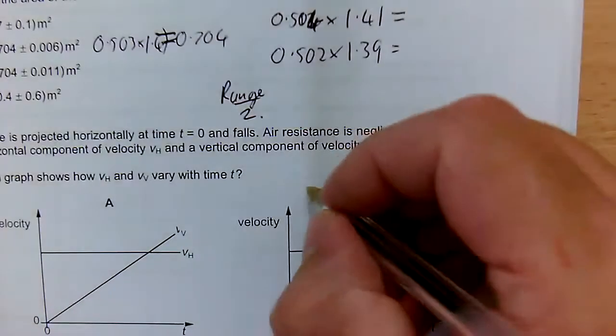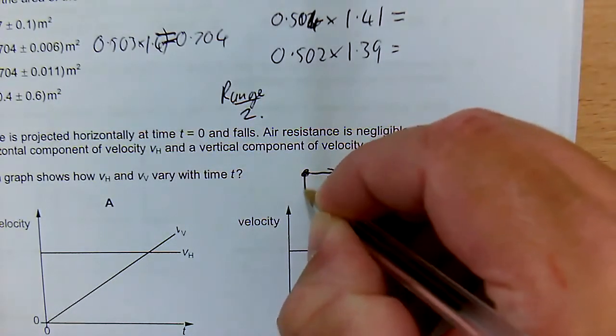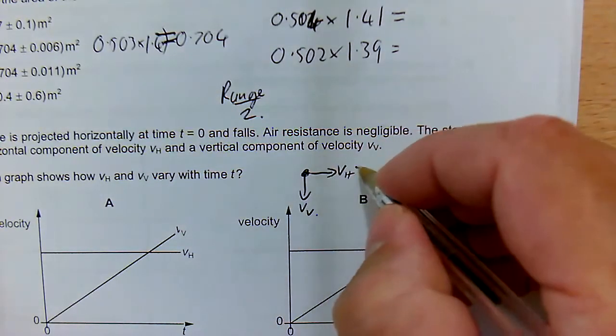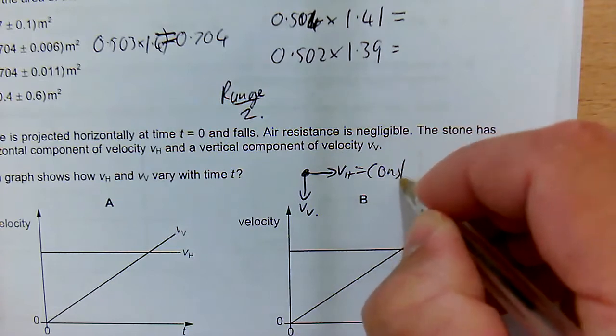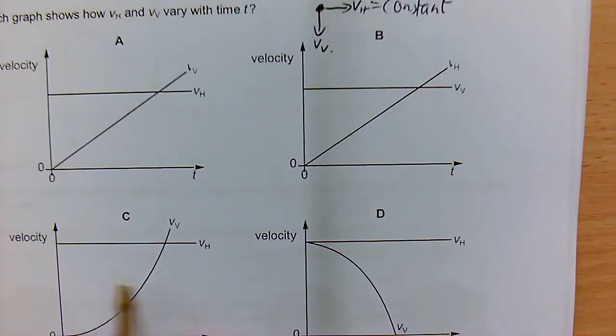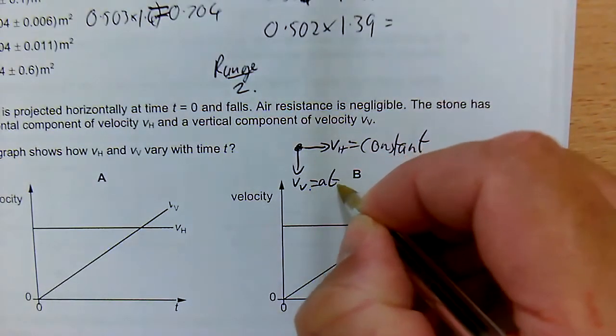We know if you've got an object and it's got a horizontal velocity and a vertical velocity, if there's no air resistance, the horizontal one is just going to be constant. Indeed they are all labeled as constants, and vertical velocity would be acceleration times time.